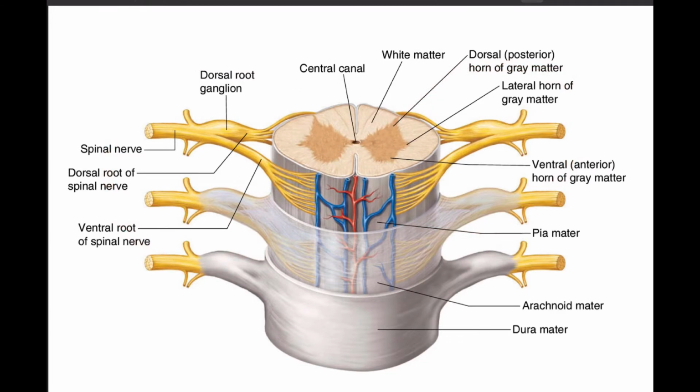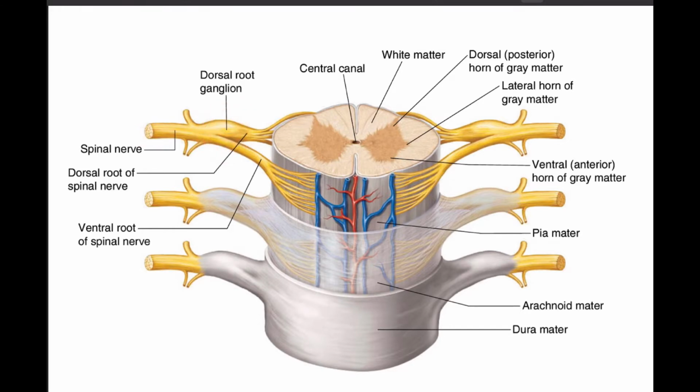When the sensory nerve fibers, before they enter the spinal cord, will first meet the first order neuron outside the spinal cord. This first order neuron outside the spinal cord in the dorsal root, we call it the dorsal root ganglion.